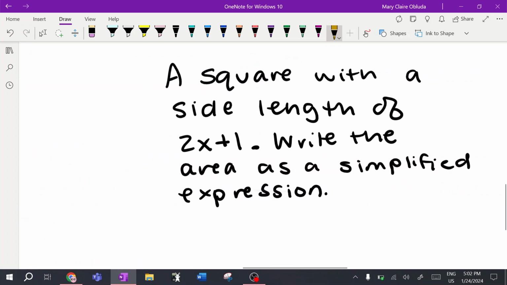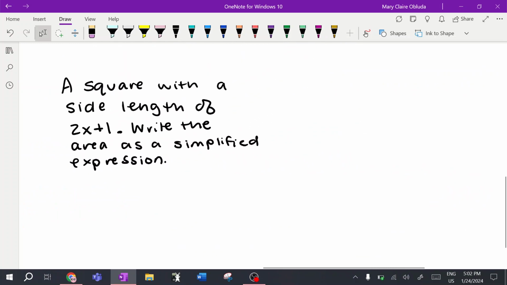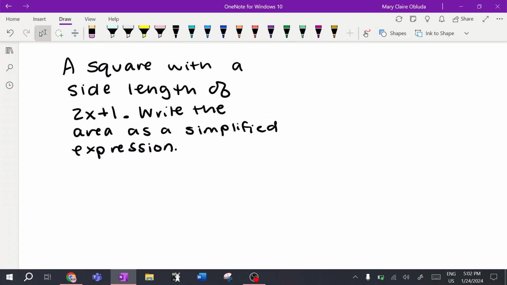Okay, let's look at how they can ask us about these. So a square with a side length of 2x plus 1. Write the area as a simplified expression. Okay, so let's think about area. Area equals length times width. So what's special about a square?